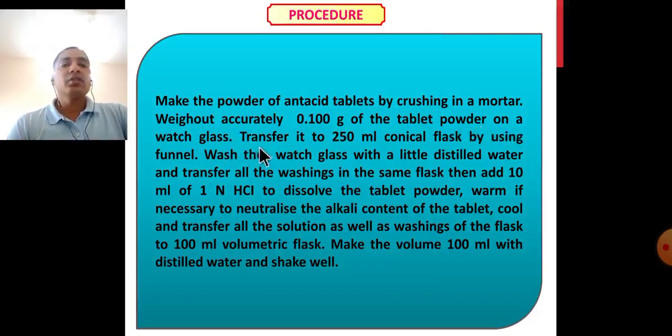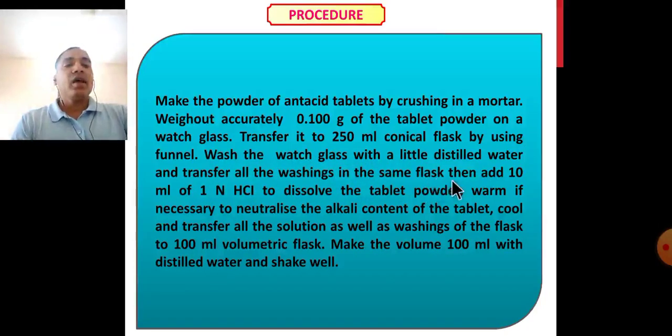Transfer this weighed sample of antacid tablet into a clean conical flask with the minimum quantity of water. Dissolve it in a 250 ml conical flask using a funnel. Wash the watch glass with a little distilled water and transfer all the washings into the same flask.